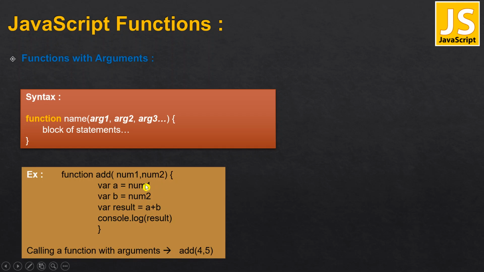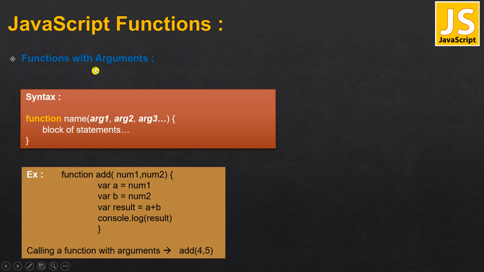And then what? Eventually num1 contents will be stored in the a variable, and num2 contents, that is 5, will be stored in the b variable, and then the result a plus b will be processed and stored in the result variable, and then the result will be output onto the console. So this is the functions with arguments concept, friends.